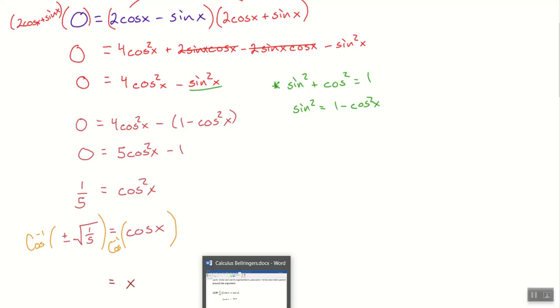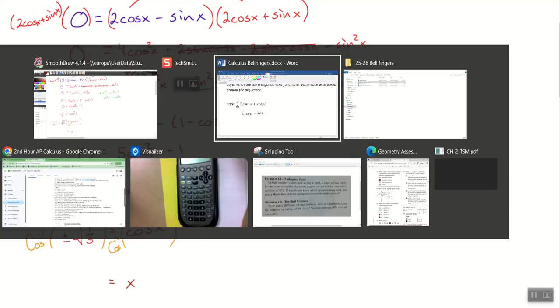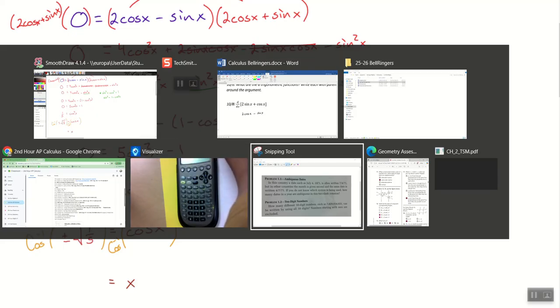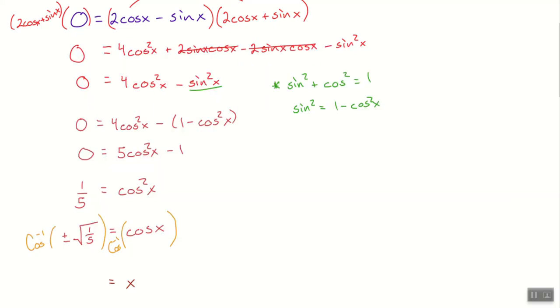They didn't tell me that I'm working with degrees or radians. Not directly anyway. On the problem, however, I see that we are asked to work on the closed interval from -2 pi to 2 pi. That right there tells me that we're in which mode? We should be in radians.